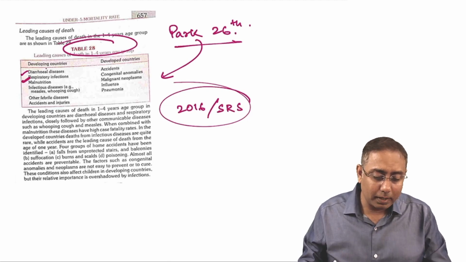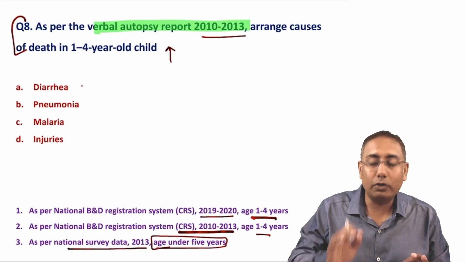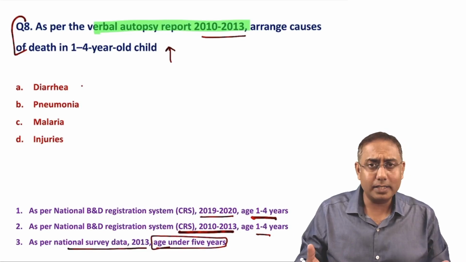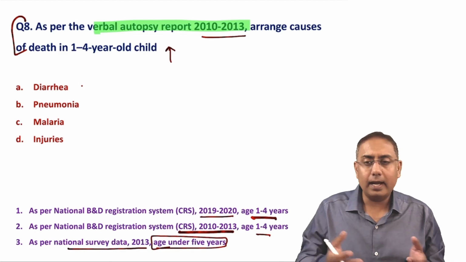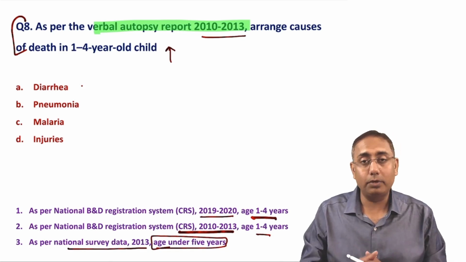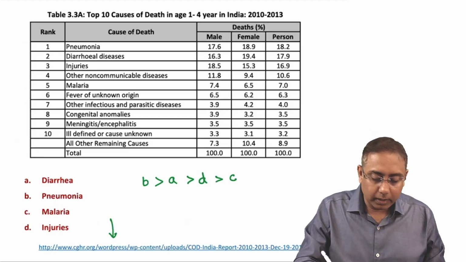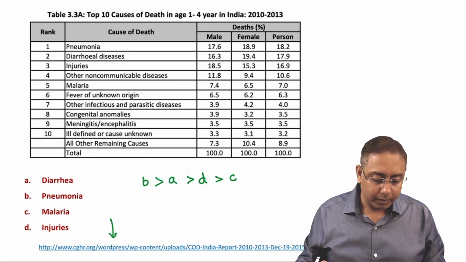Most probably, the recall word, the verbal autopsy report, was there in the question, which makes sense that there was a Million Death Study, which also makes sense that the CGHR data was taken, and that is the updated data we have from year 2010 till 2013. So the best choice would be to mark the options in this sequence, because this is the data that we are going to talk of, right?